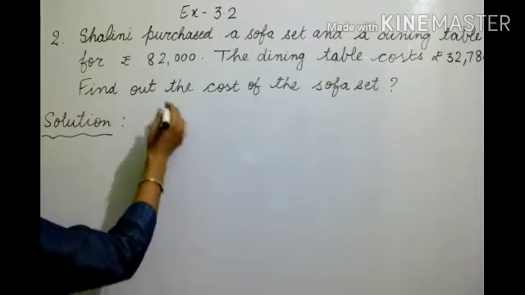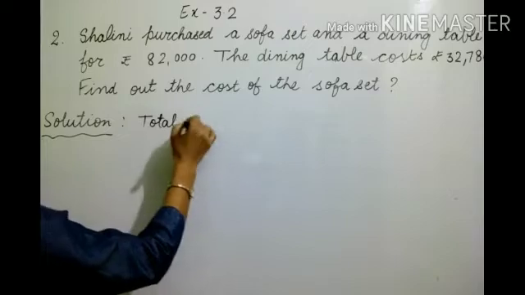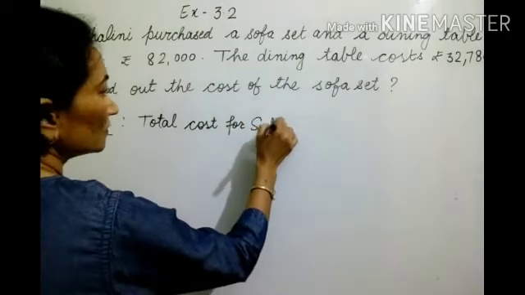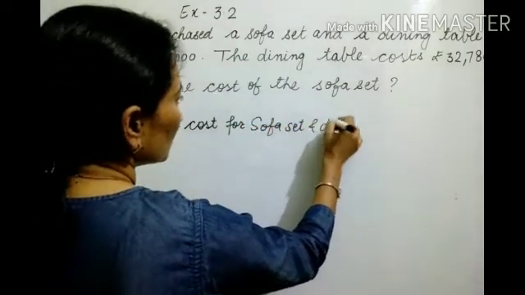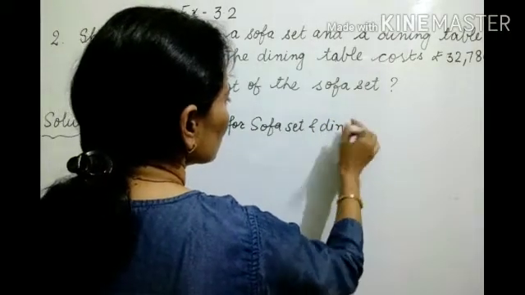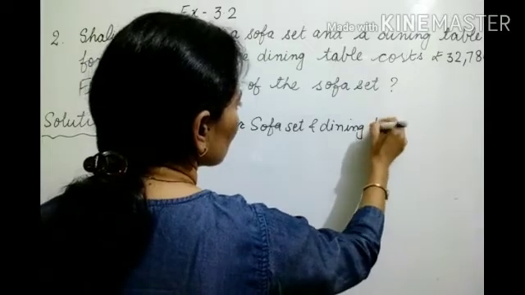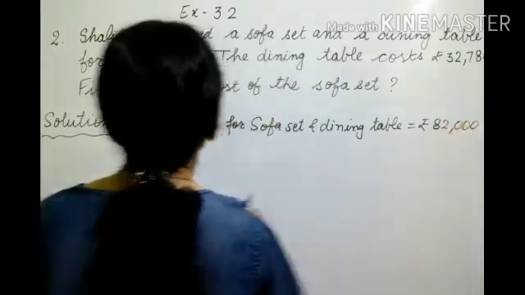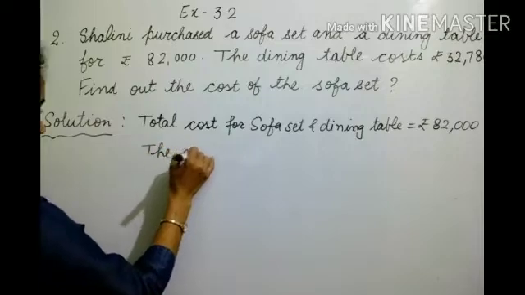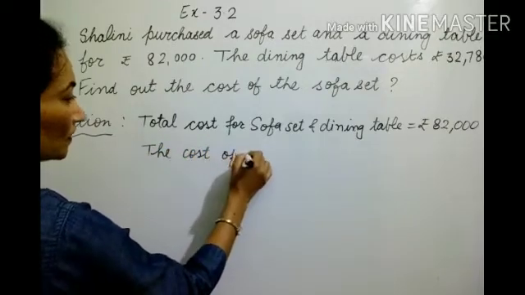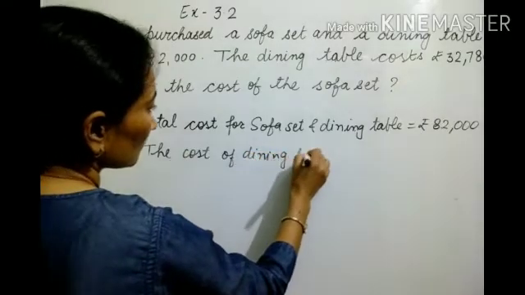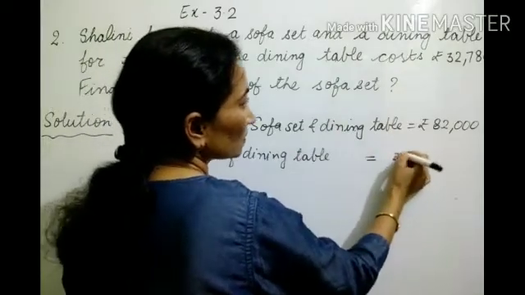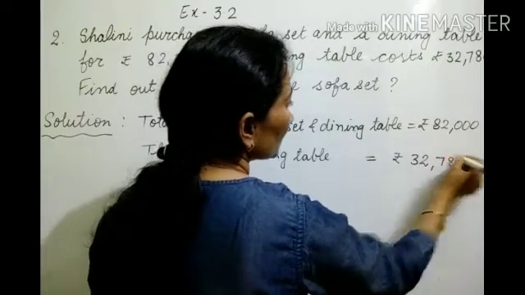Let us start. Total cost for sofa set and dining table, which is 82,000, and the cost of dining table, which is equal to rupees 32,780.